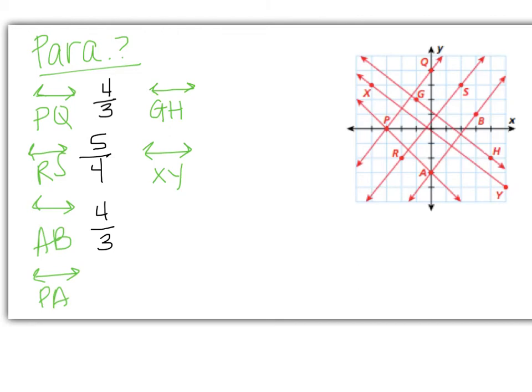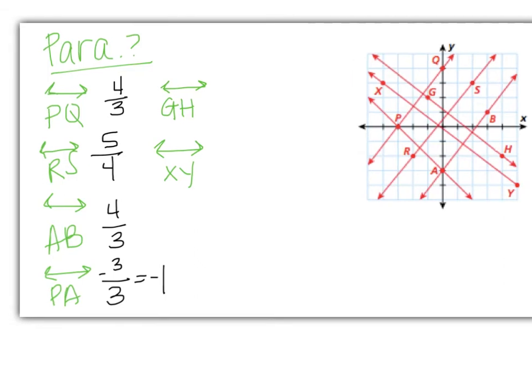For PA, you should have gotten negative 3 over 3, which equals negative 1. For GH, you should have gotten negative 4 over 5. And for XY, you should have gotten negative 7 over 9.